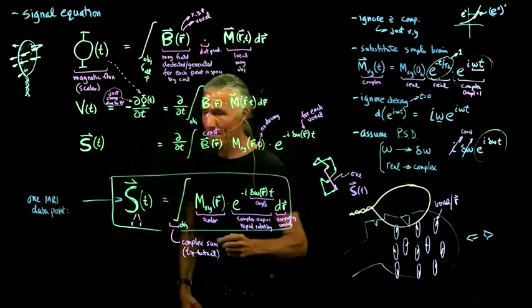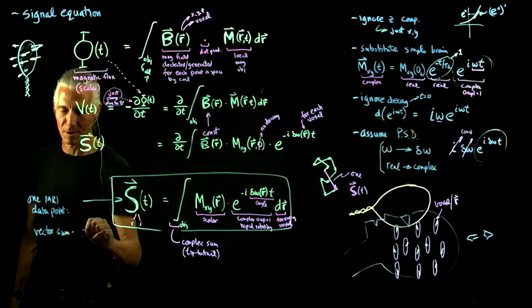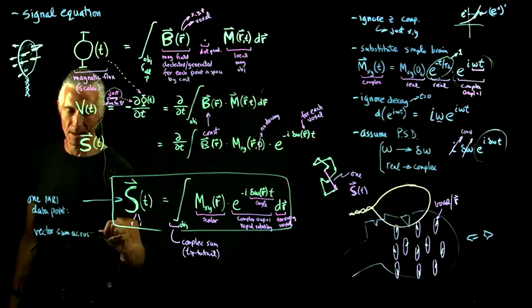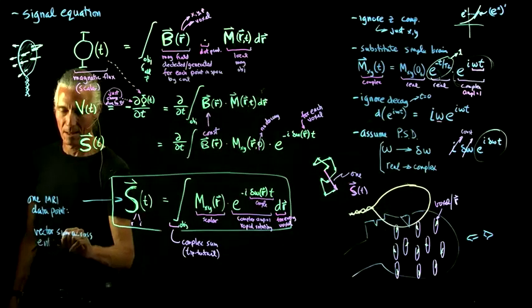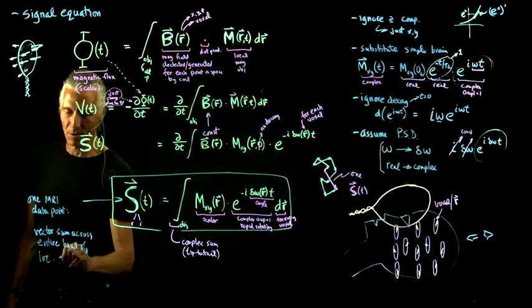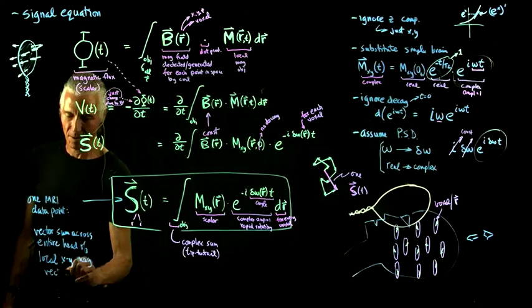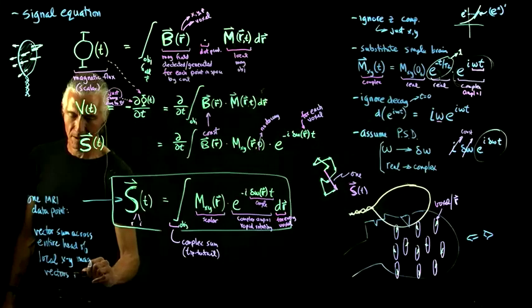It's just the vector sum, just in words again, vector sum across the entire head of local XY magnetization vectors in each voxel.